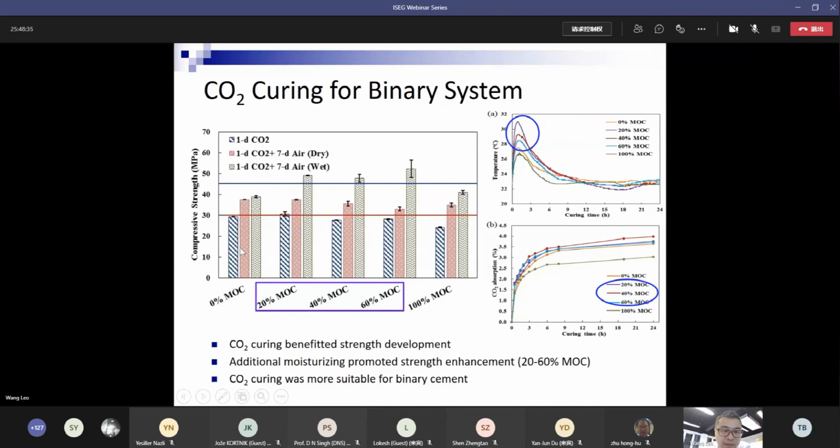We can find CO2 curing can benefit the strength improvement in all the samples, but CO2 curing is very effective for the binary system, with 20% MOC to 60% MOC. So CO2 curing is very suitable for the binary system.